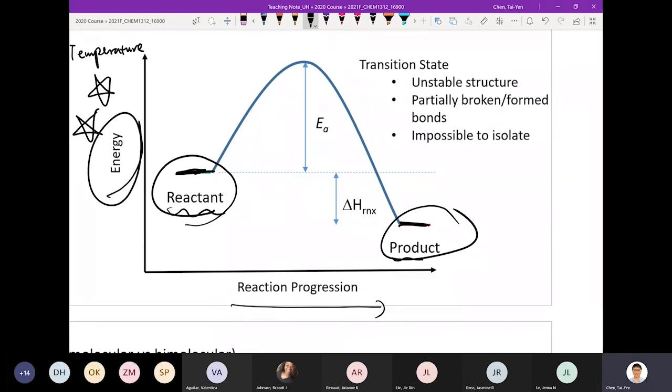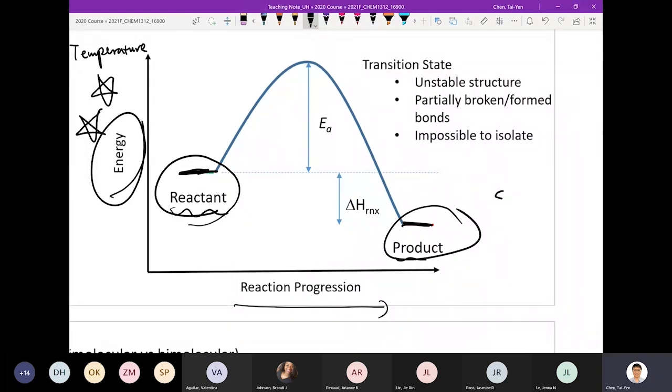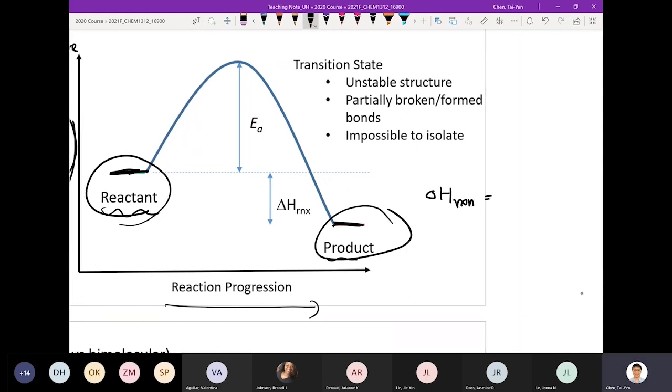Once you do this, you can first calculate the energy of your reaction, which is your delta H of reaction, the enthalpy of your reaction. How do we calculate this? It's the enthalpy of your product minus the enthalpy of your reactant. Figure-wise, you just extend the energy line of your reactant, then you know the energy difference between your reactant and the product, which gives you your delta H of reaction.